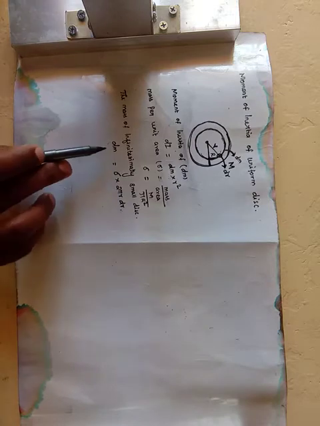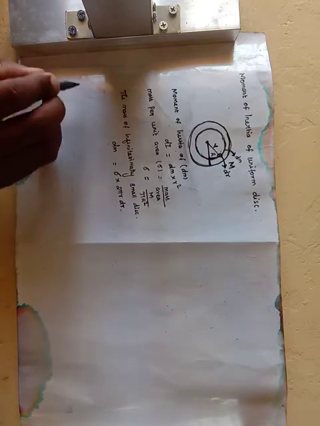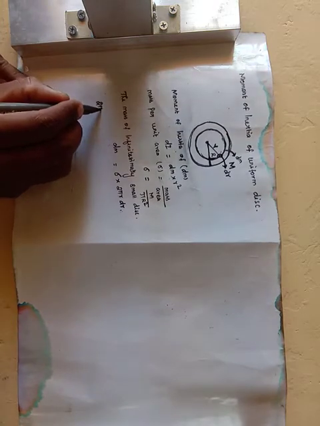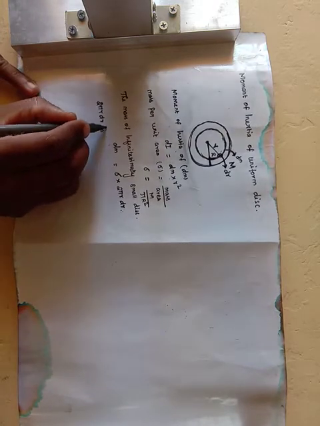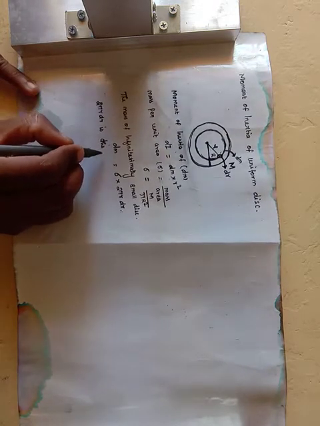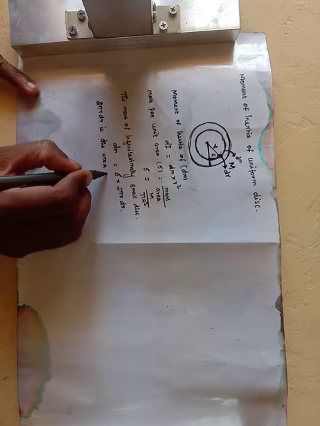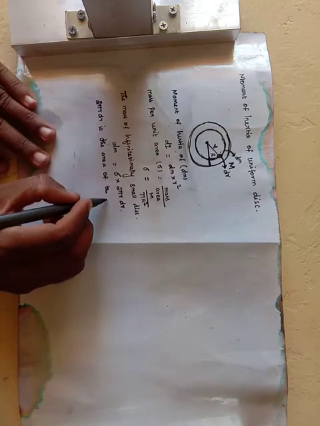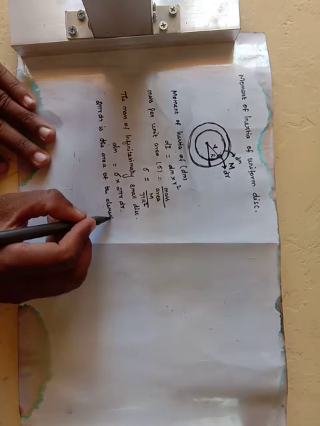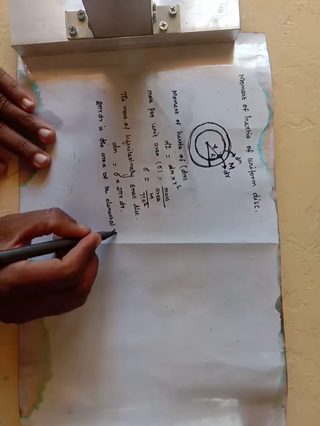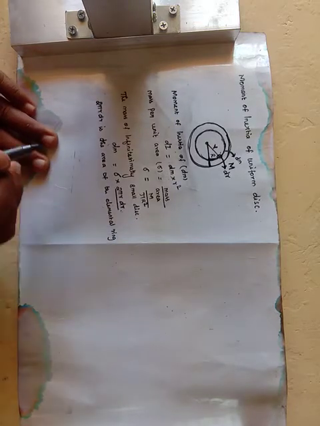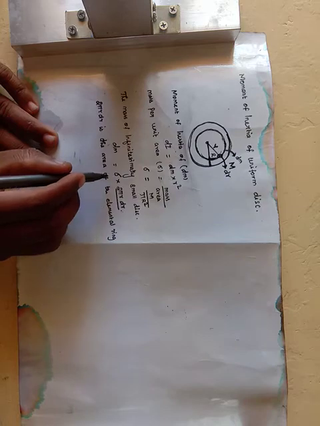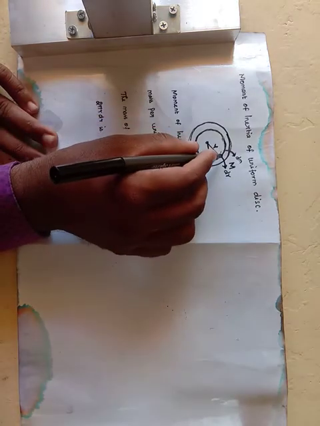Here 2 pi r dr is the area of the elemental ring, and it is multiplied with the mass per area.